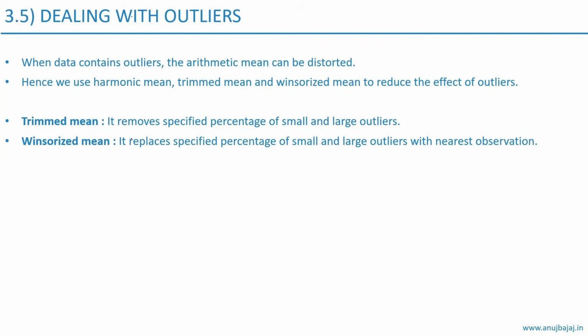Instead of removing or deleting the outliers, this method replaces the specified percentage of small and large outliers with the nearest observation. Say we have 300 observations and we decided to replace the top 10% of the observations and the lowest 10% of the observations.